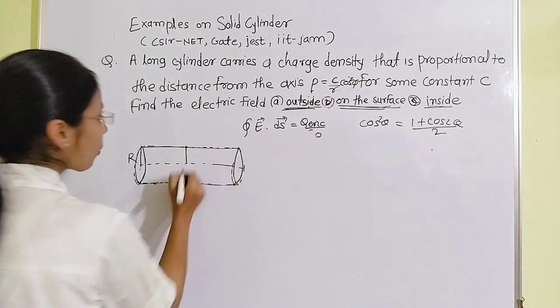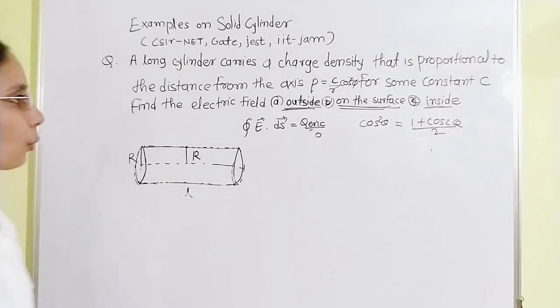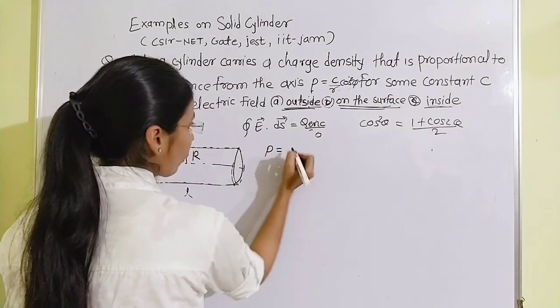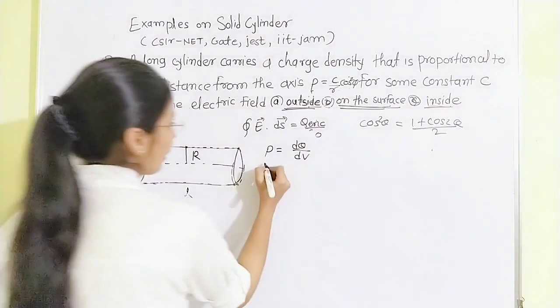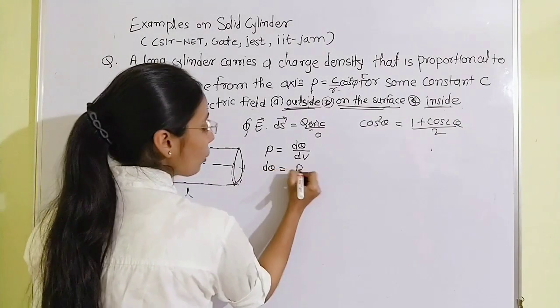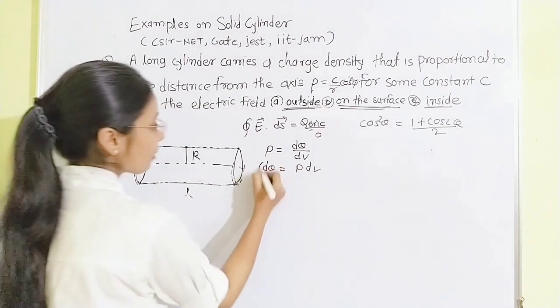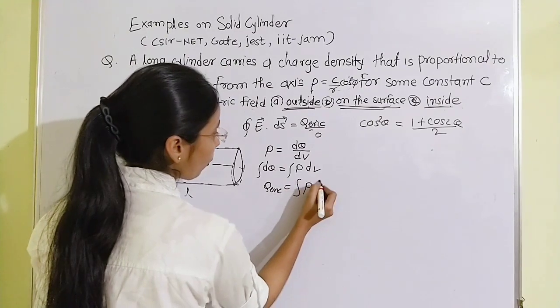So this distance from the center, this radius, is r. We know that rho is equal to dq by dv. So dq is equal to rho into dv. When we have to find the q, we integrate this: q enclosed is equal to the integration of rho dv.